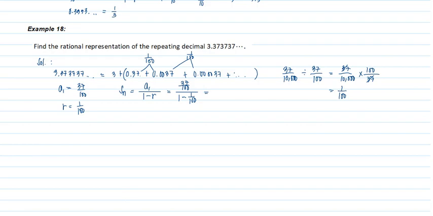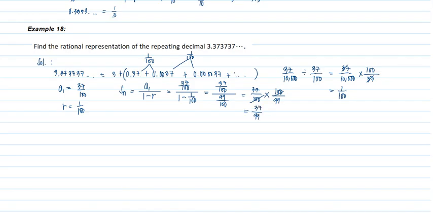And then this is going to be equal to 37 over 100. Tapos yung 1 minus 1 over 100 natin is just 99 over 100. Tapos 37 over 100 times the reciprocal, it's going to be 100 over 99. Tapos makakancel out to, so therefore the value would be 37 over 99.